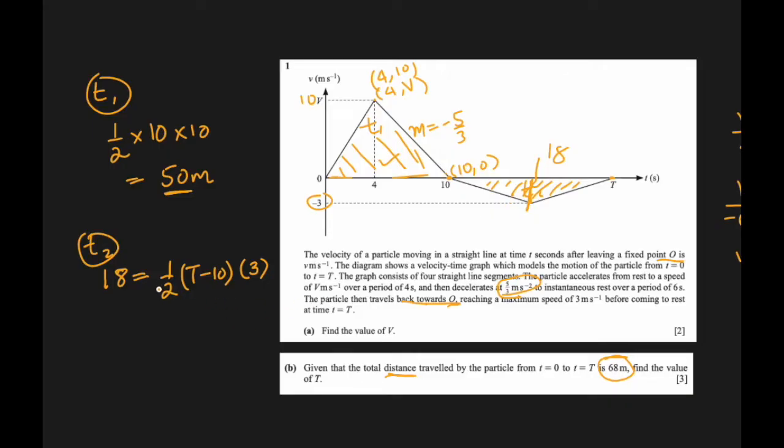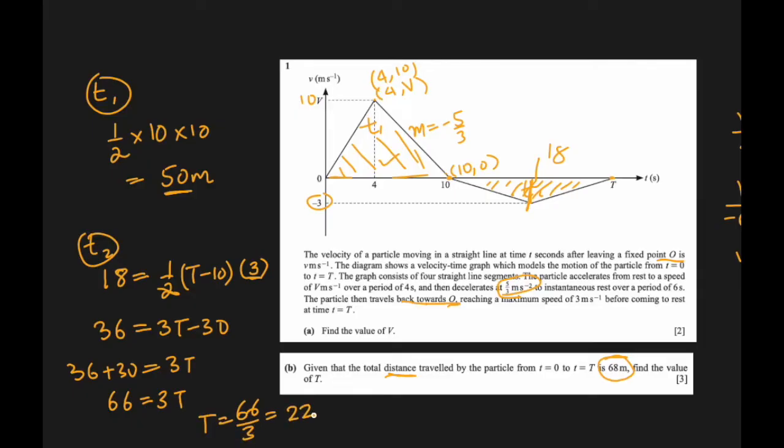Okay, so 2 times 18 is 36, equal to, and let's multiply 3 with this, 3T minus 30. So 3T will stay here and 30 will go there. 36 plus 30, which is 66, equals 3T, and T comes out to be 66 divided by 3, which is 22 seconds. That is the value of T, and that's what they asked us. Find the value of T: 22 seconds.